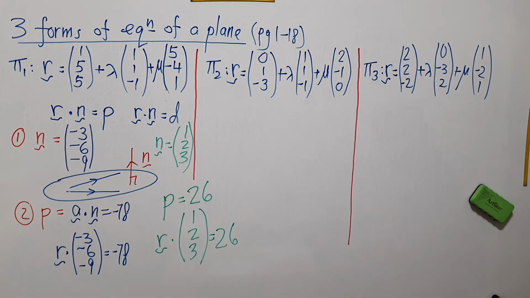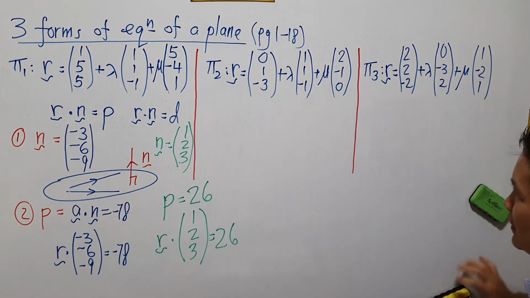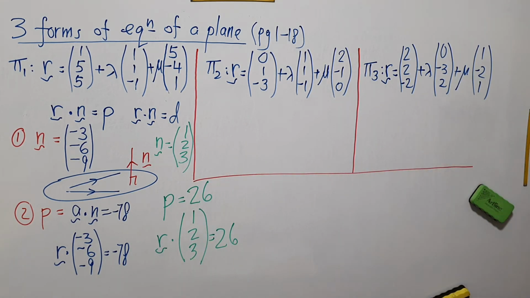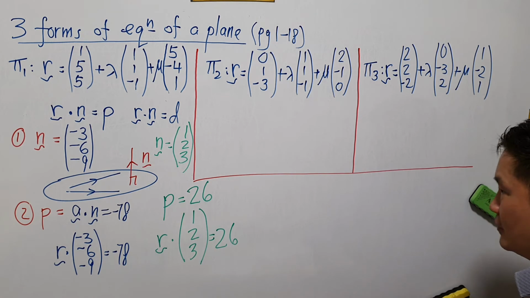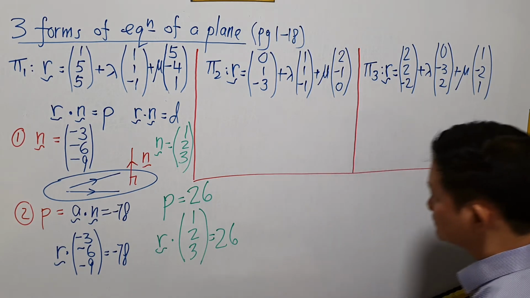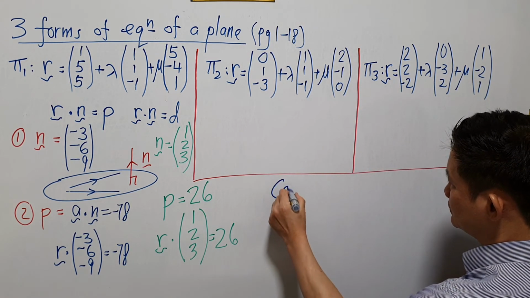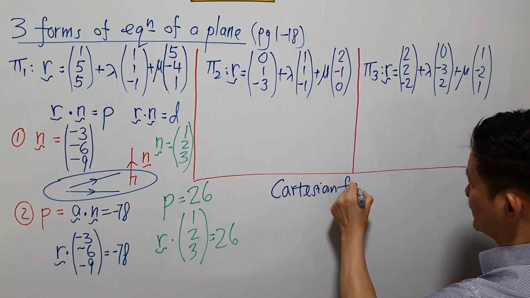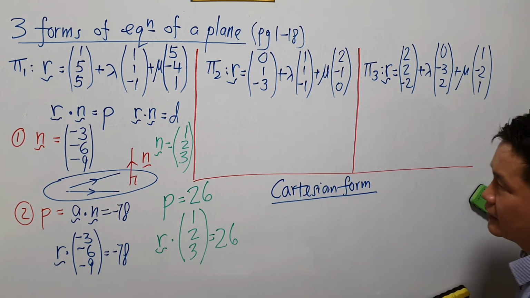Then there's a third form of the equation of the plane that you need to find. If I already have the equation of the plane in the dot product form, I now want to convert it into the Cartesian form. This is quite easy.